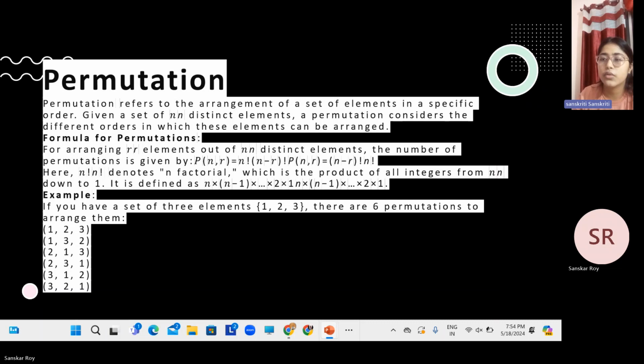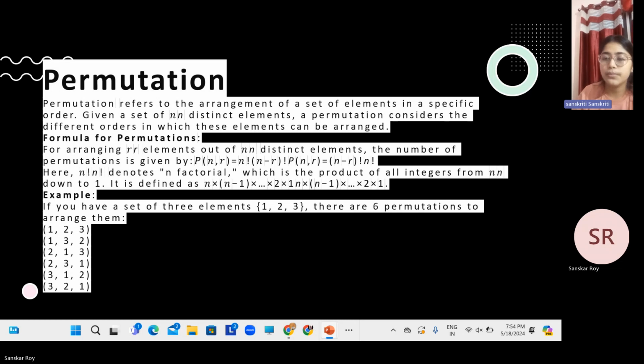Formula of permutation: for arranging r elements out of n distinct elements, the number of permutations is given by P(n, r) equals n factorial divided by (n minus r) factorial. So this is what the formula is.